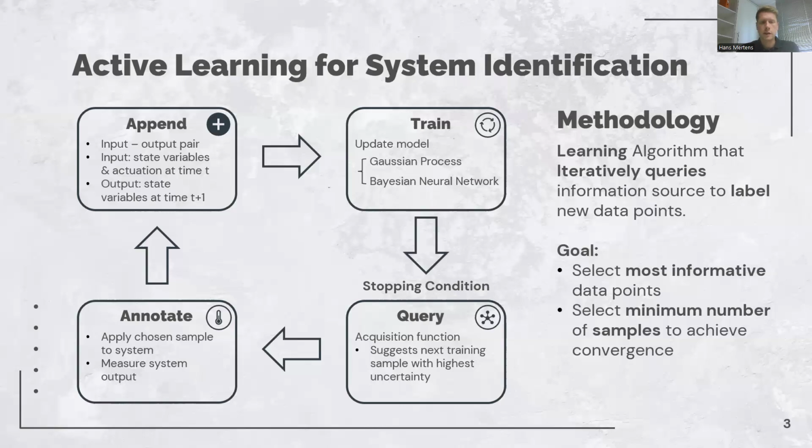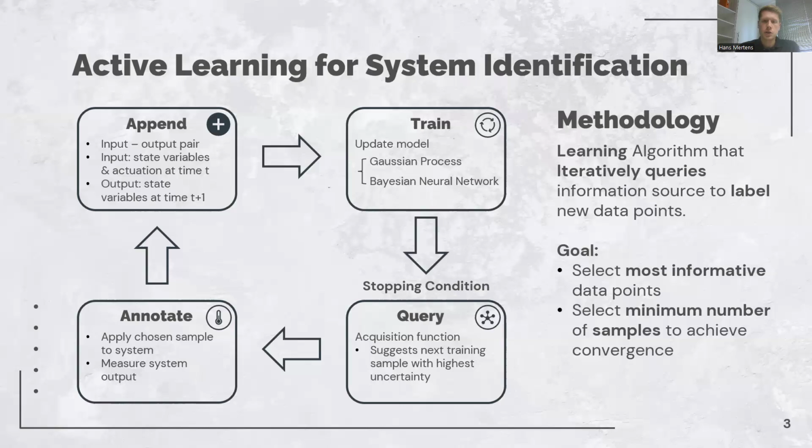We then feed the input through our dynamical system and measure the system outputs. Using those input-output pairs, we can build data sets. Our inputs are our state variables, and if it's an actuated system, also our actuation at time t, and our outputs are our state variables at time t+1.